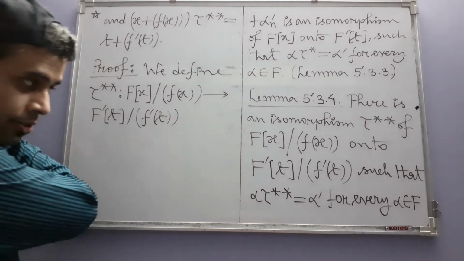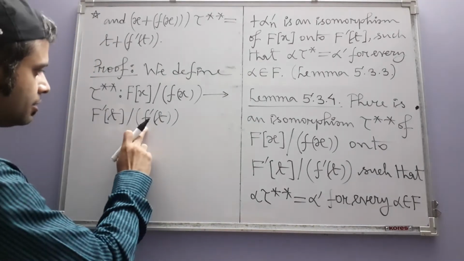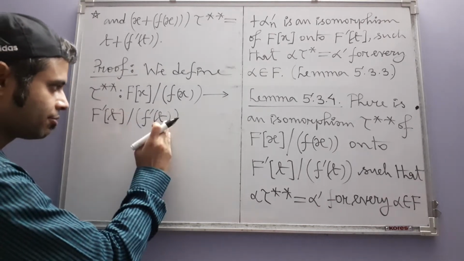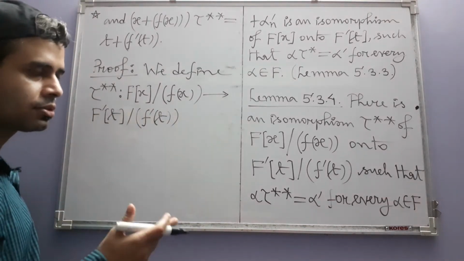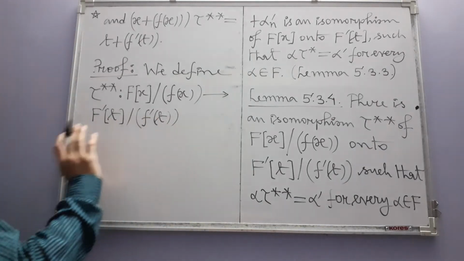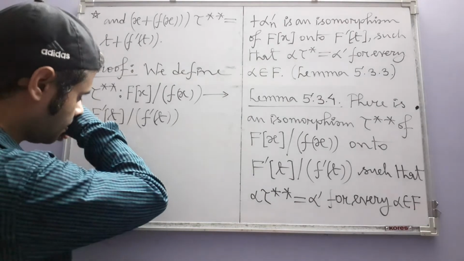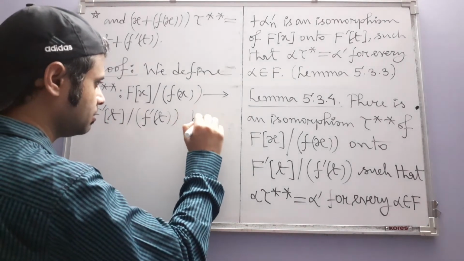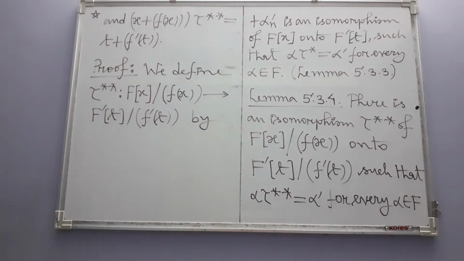If you really want to write things explicitly, instead of f prime(t), you can also write f(x) tau star. But of course that is cumbersome to write again and again, so we are using this short notation. So now we are going to define this function by a formula.